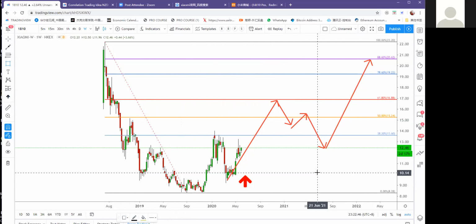It's really a good company and has a very good market share. In some areas, even Huawei cannot beat Xiaomi.